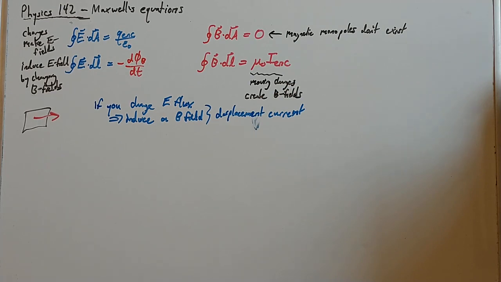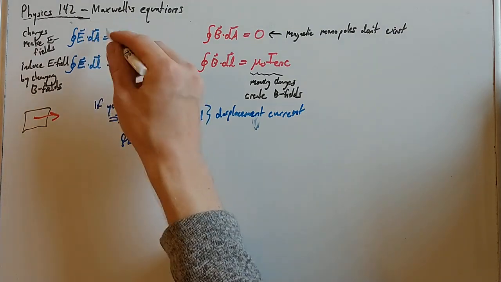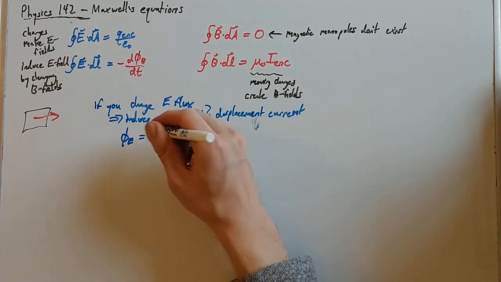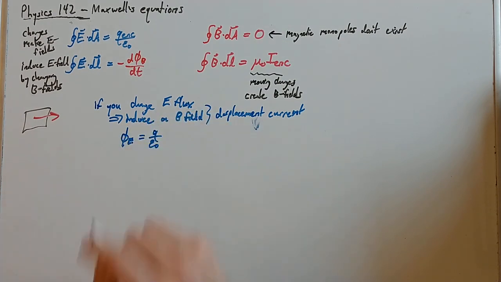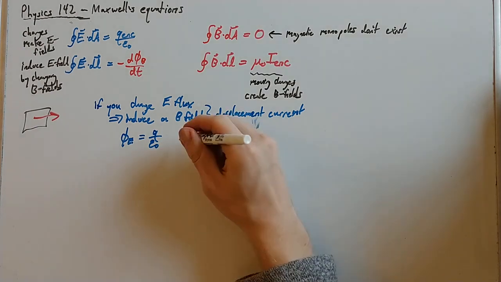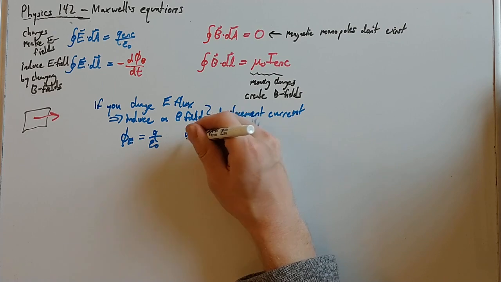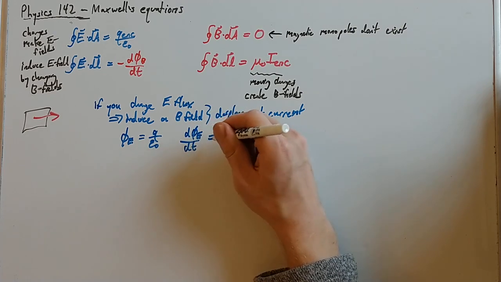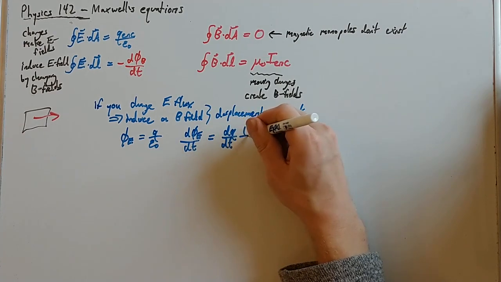If we think about electric flux, like in Gauss's law, unit-wise, we know that electric flux is Q over epsilon naught. So if we change the electric flux, we do d phi dt, then that's going to be dQ dt times 1 over epsilon naught.